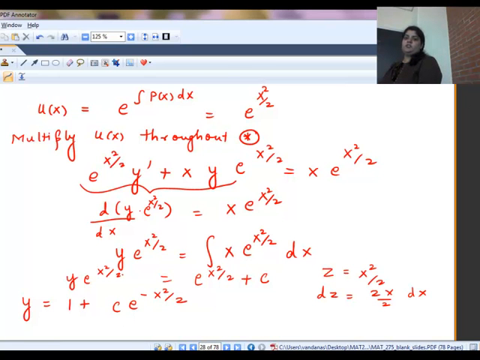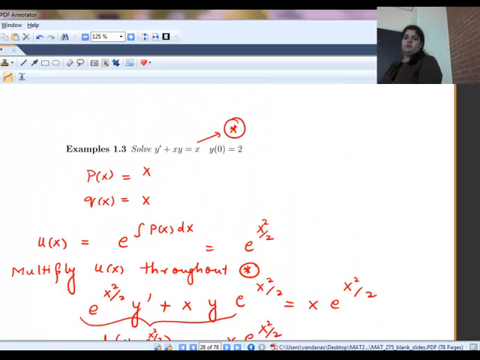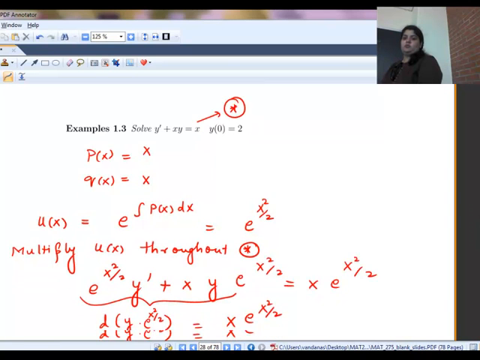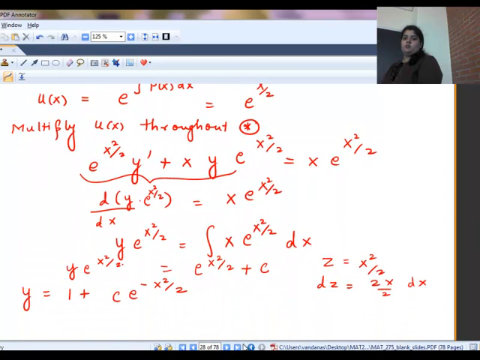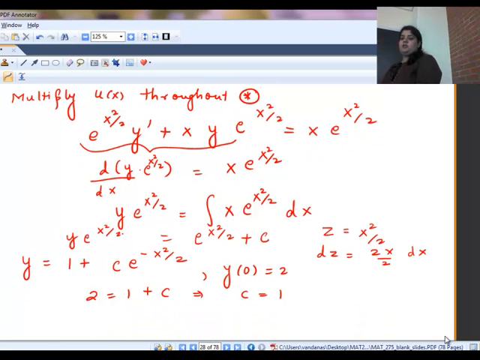But what is the initial condition? y at 0 is 2. So that means 2 equals 1 plus c, which implies c equals 1. So you have y of x, the unique solution of this differential equation, is 1 plus e to the power minus x square over 2.